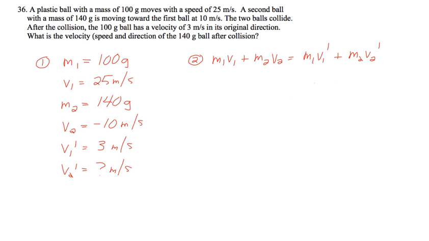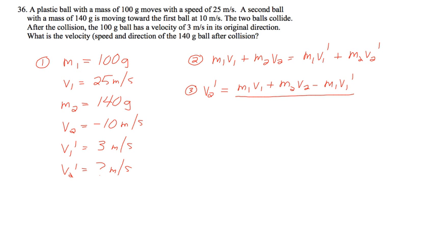So when I'm done with the algebra, v2 prime is going to equal: these two are already on the side opposite this, so I'm going to write those two first. It's going to be m1v1 plus m2v2. Now this one has to go over there. Since it was positive on this side, it's going to be negative on that side. So it's going to be minus m1v1 prime.